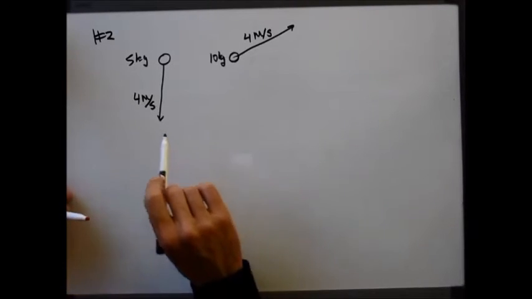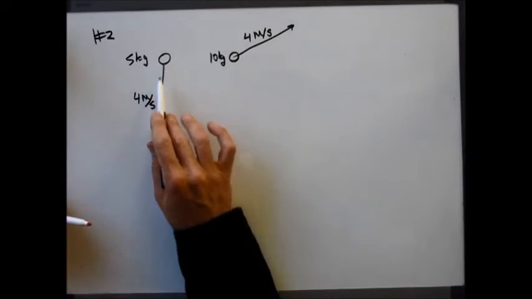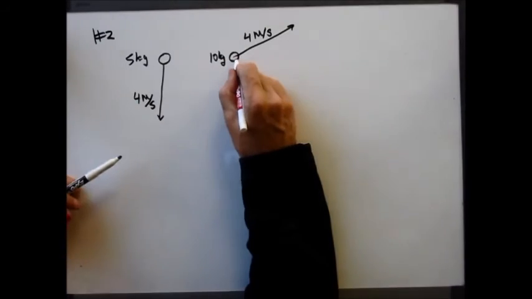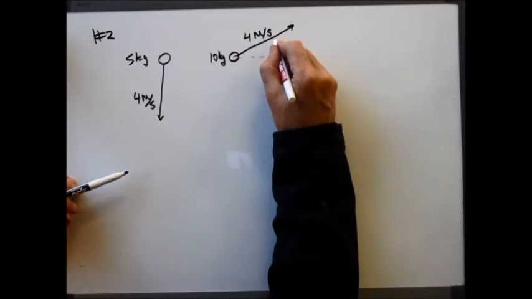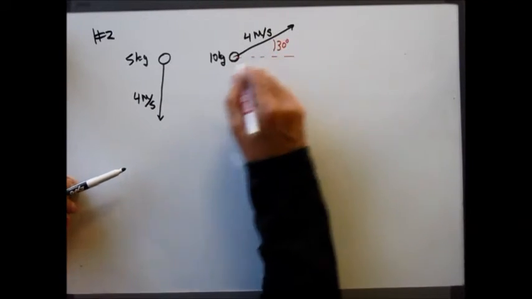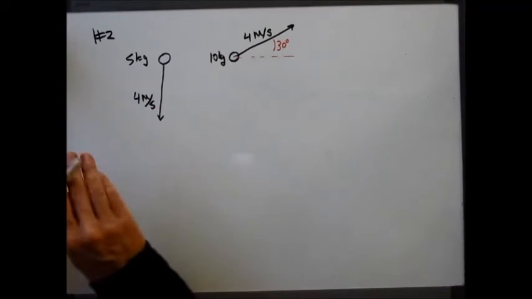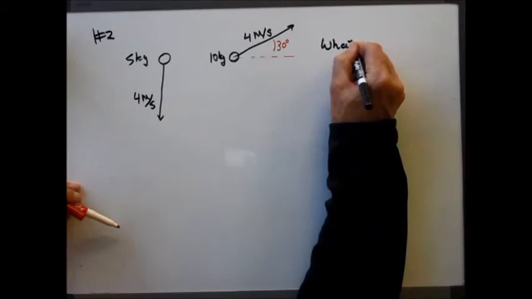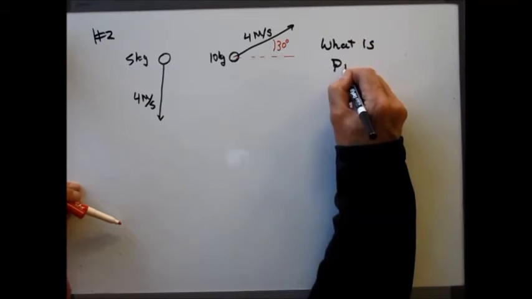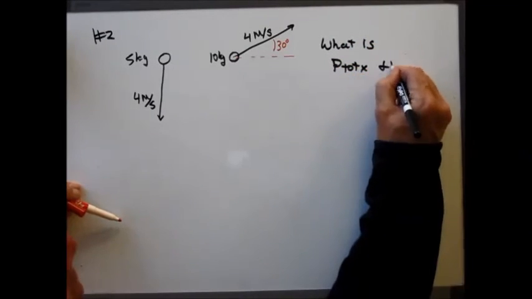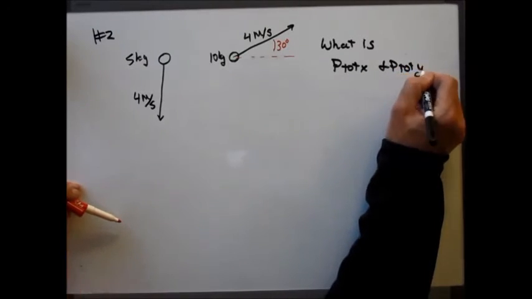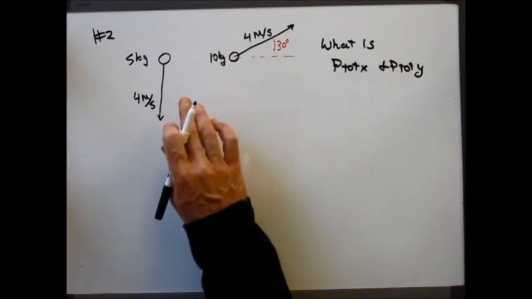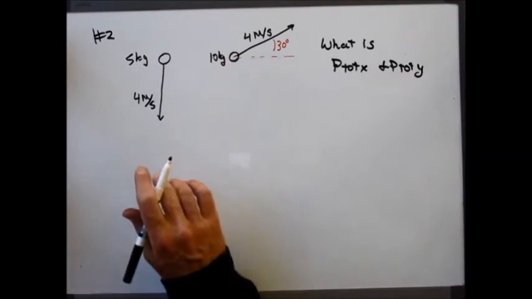So let's do another example. Now I've got a particle moving downward and a particle moving up and to the right, and this one is moving right at an angle of 30 degrees relative to the horizontal, and this one's moving straight down. And we want to know what is P tot X and P tot Y, right? We want to combine to find the total momentum of this system in the vertical direction and in the horizontal direction, right?